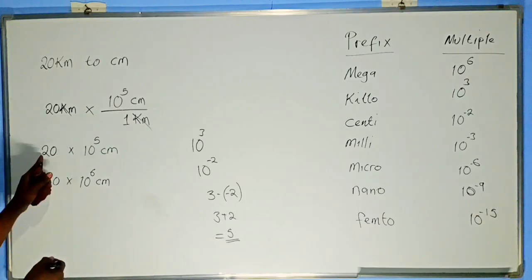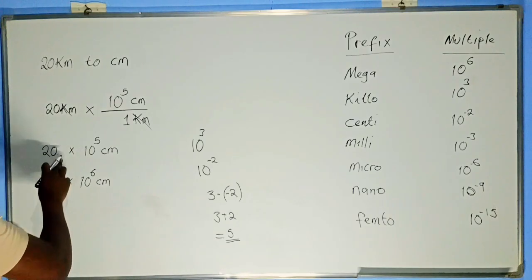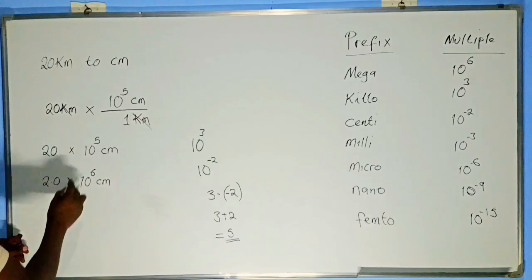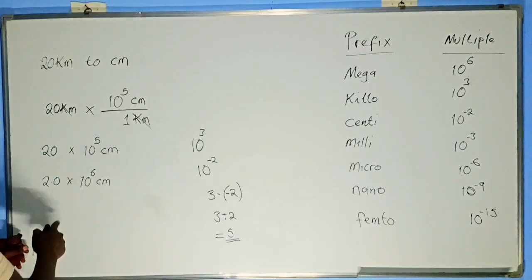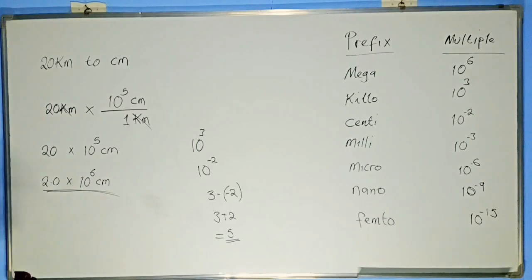The first digits we have are 2 and 0. So in between those, it means we have standard scientific notation. When you move it once, our power also increases by 1. That's why our final answer is 2.0 times 10 to the 6 centimeters. So that's how simple it is.